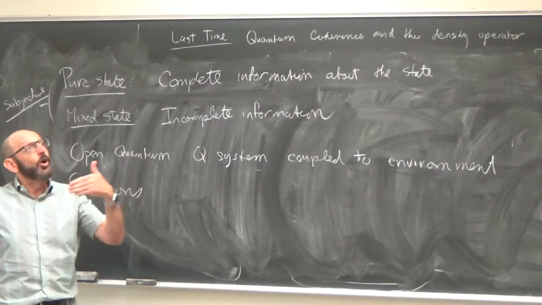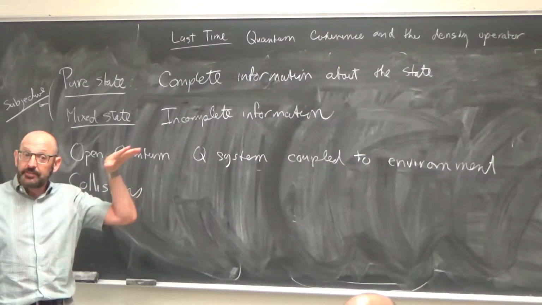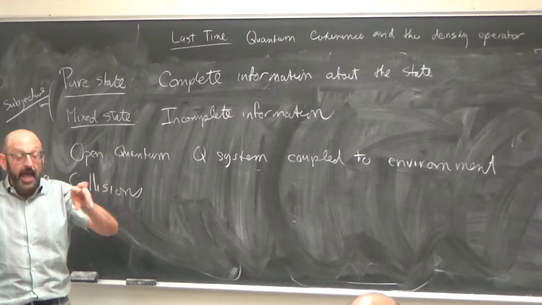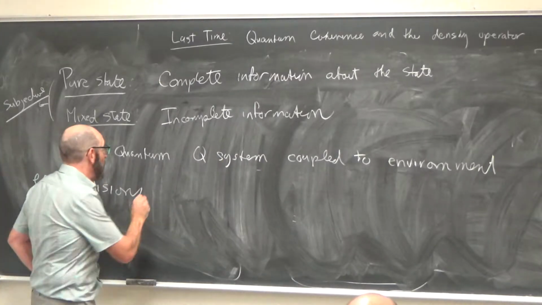And if I didn't know when that collision would occur, if I averaged over many members of the ensemble, I would see this kind of decaying exponential, right? Let's think about this from the point of view of quantum mechanics.